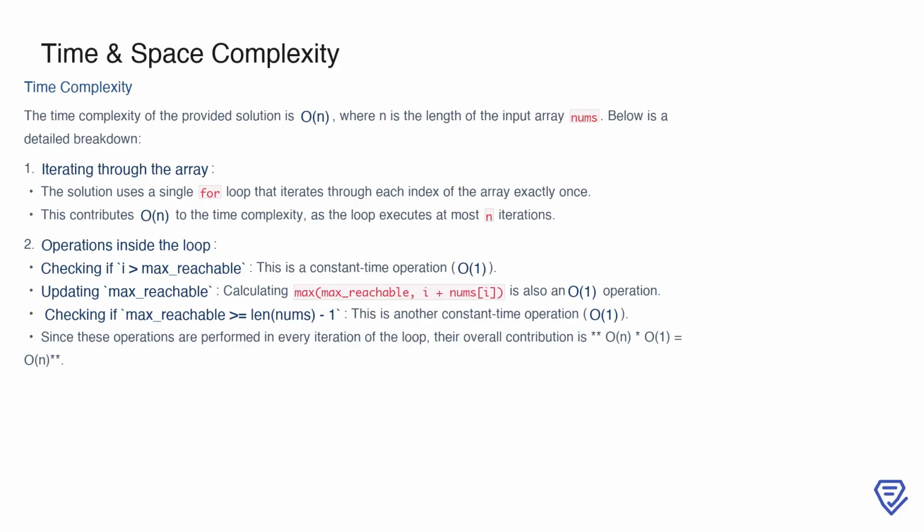Similarly, checking if we've already reached or surpassed the last index of the array is another O(1) operation. Since these constant time computations happen once per iteration, their total contribution remains linear, or O(n). This ensures that the overall time complexity is determined solely by the single traversal of the array.